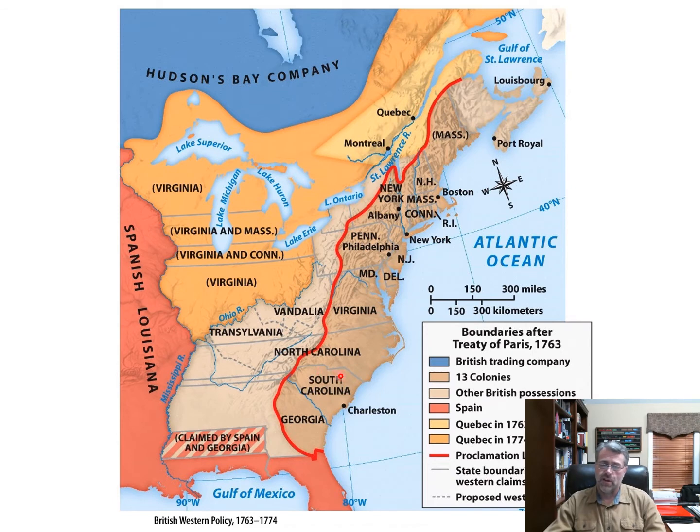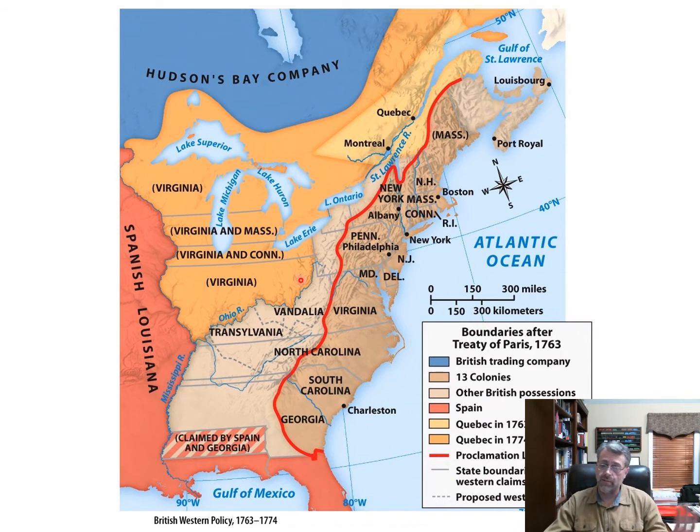It's just that by the mid-1700s, this is about as far inland as any colonists have moved. Keep in mind, these mountains prevent a lot of farms and settlements from being constructed. So this is kind of a natural barrier between colonial settlements on the coastal plain and Indian territory in the Ohio River Valley. So they just say west of the Appalachian Mountains is off limits to new colonial settlements.